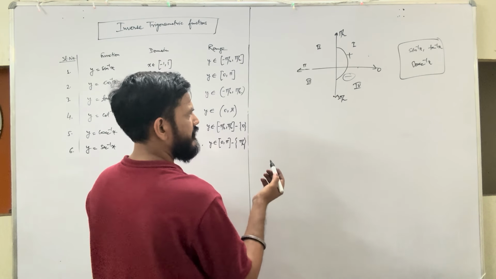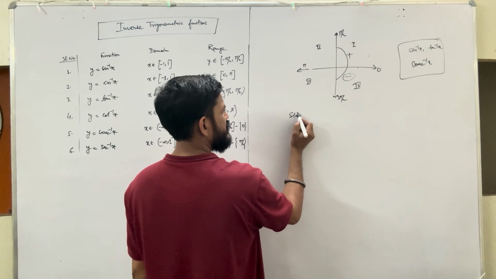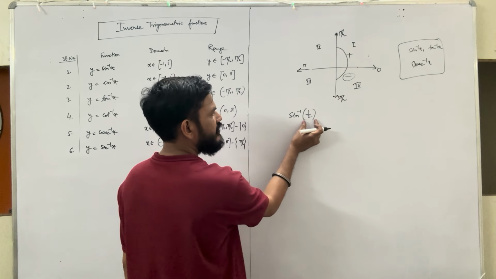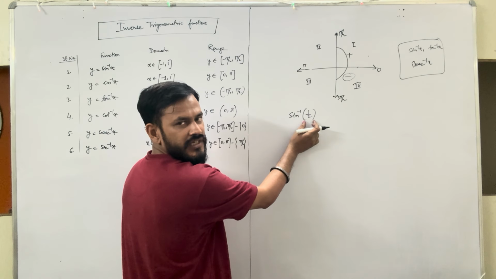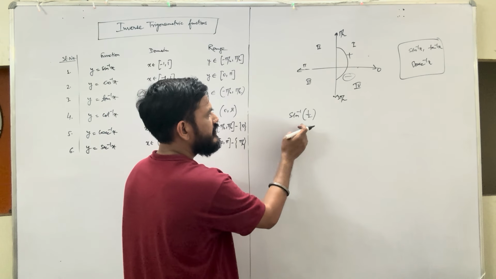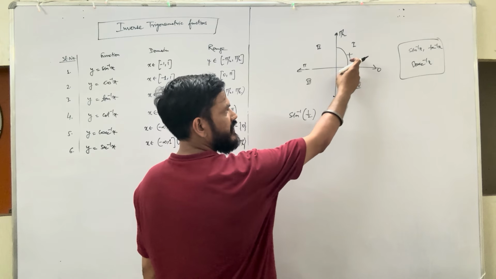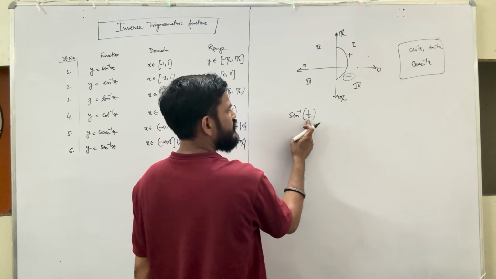Let us take an example. Sine inverse of 1 by 2. You see the argument is positive. Since the argument is positive, its principal value should be in the first quadrant.